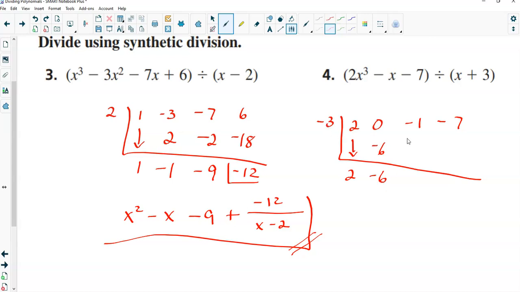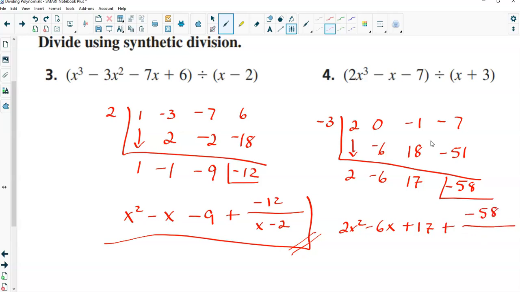Negative 3 times negative 6 is positive 18. 18 minus 1 is 17. Negative 3 times 17 is negative 51. Negative 51 and negative 7, that's negative 58. That's your remainder. So notice it's a cubic, so I start with the quadratic: 2x squared minus 6x plus 17 plus negative 58 over x plus 3.